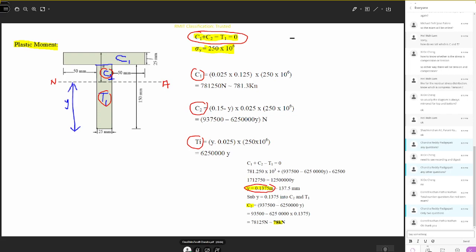Is that clear? Any doubt, any question? Anyone, any questions, let me know before we break. After the break, I'll go through the class test questions and we can work out together.